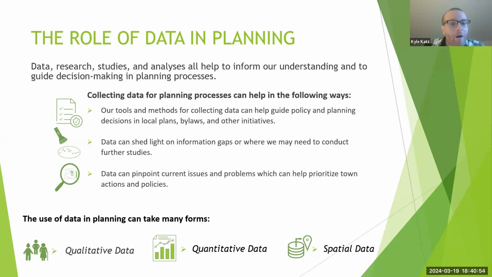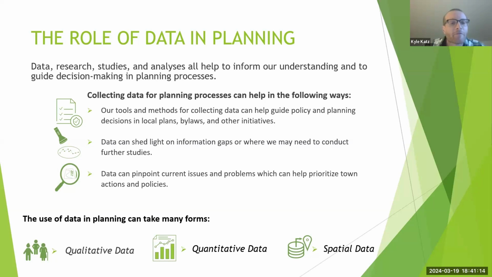We also have quantitative data, and this is generally expressed as a number. Quantitative data sets for planning purposes often include median income, number of households, the population or population age, and total housing units.